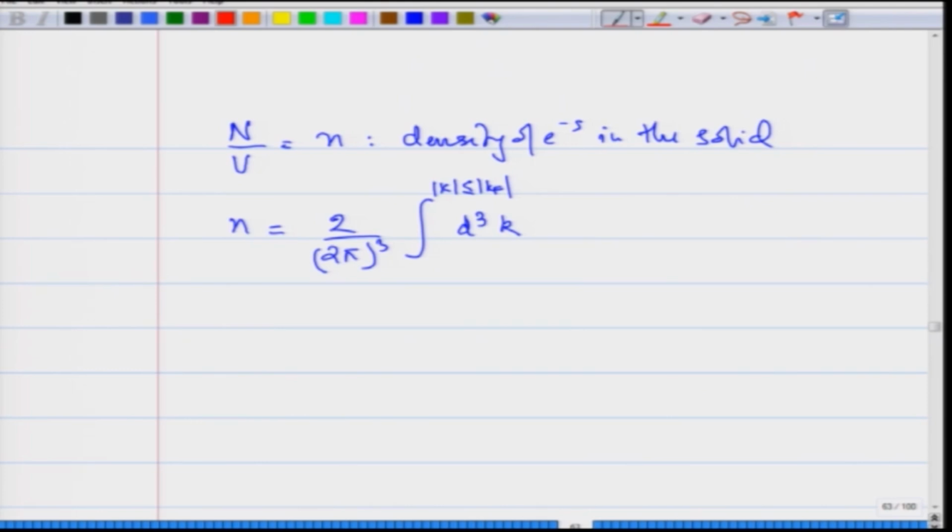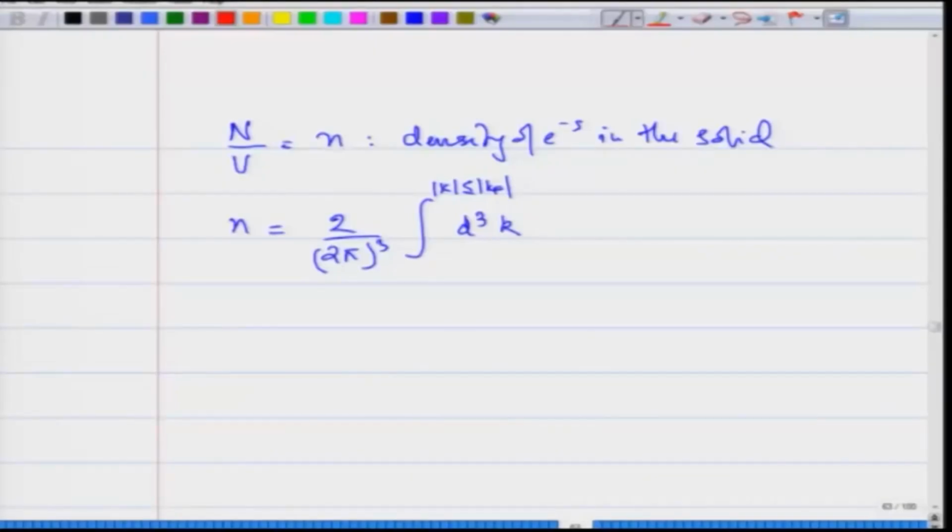Okay. So, all momenta which are within this length kF will be contributing to this integral. This is the volume integral, and all the momentum states within this length from the origin will contribute to this volume integral.